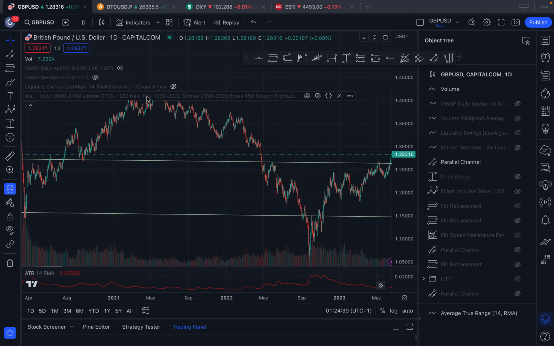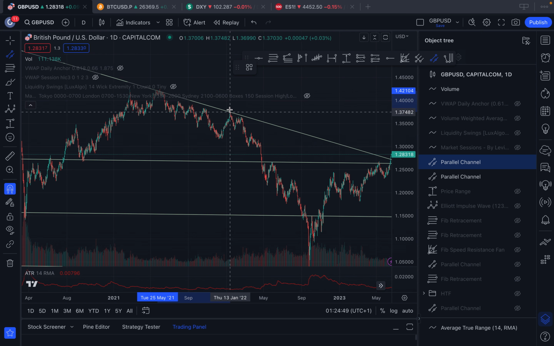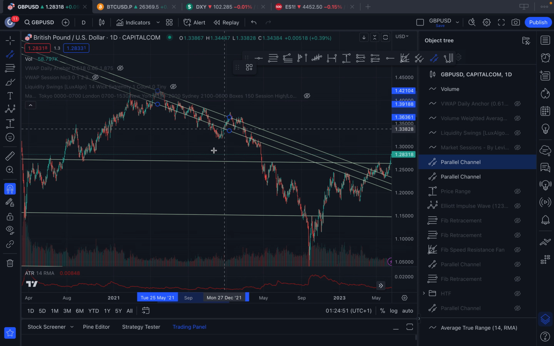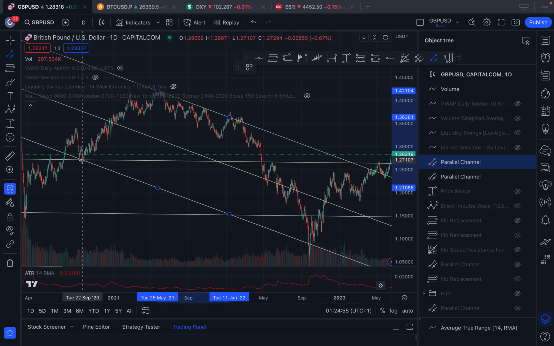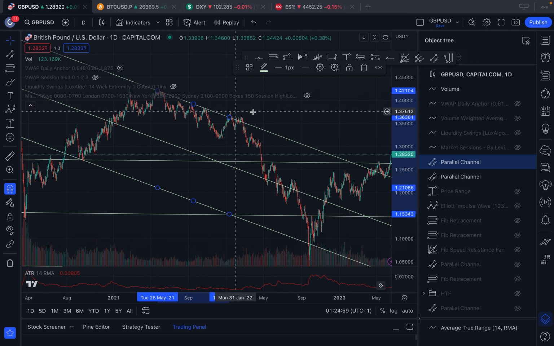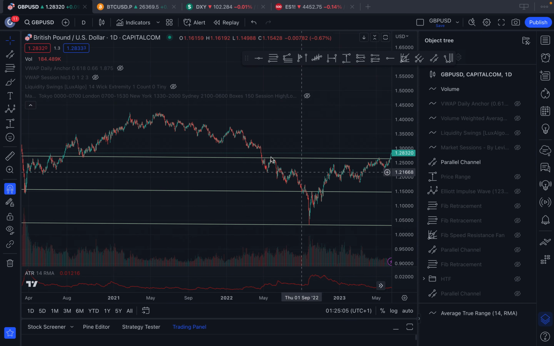So this, we could say, is potentially another range. But either way, you can see that this below level is one huge range, and above it we've got this huge range as well.